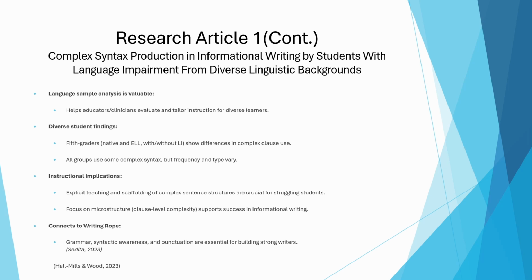By focusing on the microstructure of writing, such as clause level complexity, teachers can support all students in developing the skills needed to succeed with informational discourse, ultimately preparing them for the academic demands of later grades. This aligns with frameworks like Sedita's Writing Rope, which emphasize the importance of grammar, syntactic awareness, and punctuation as essential strands for building strong writers.